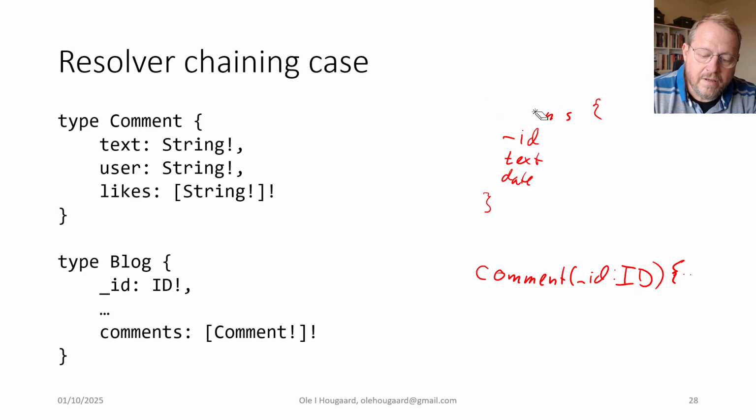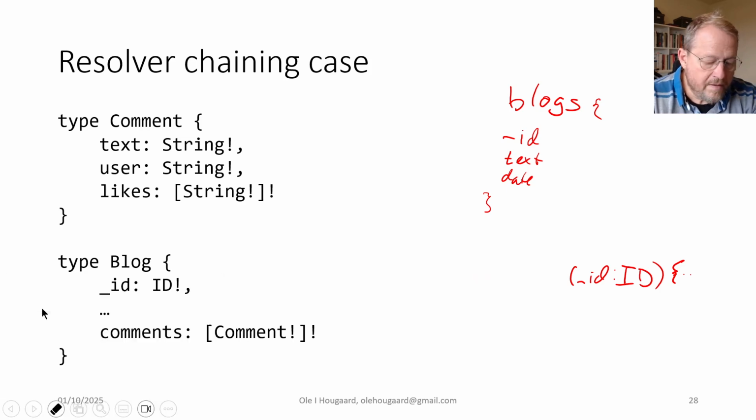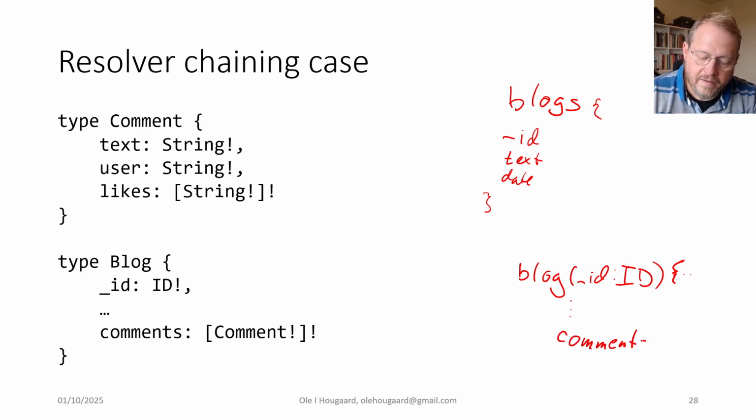I did mean blogs. You get blogs without comments, and then later you get a single blog with an ID and stuff and the comments. And the comments, then you would actually have to specify what you want from this.